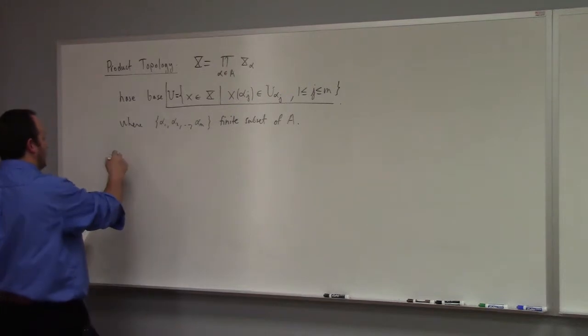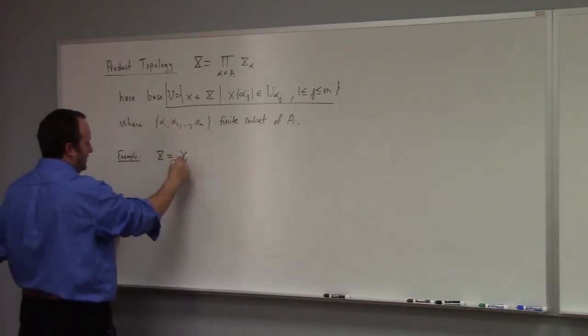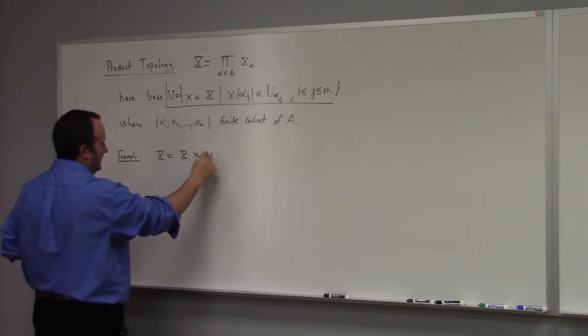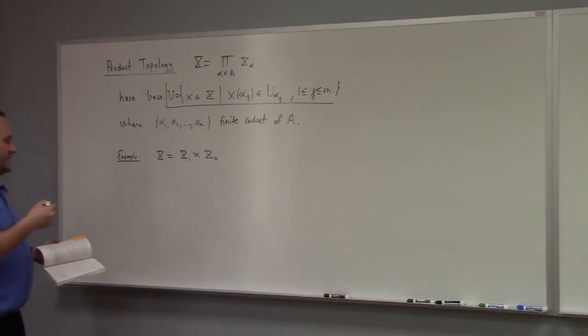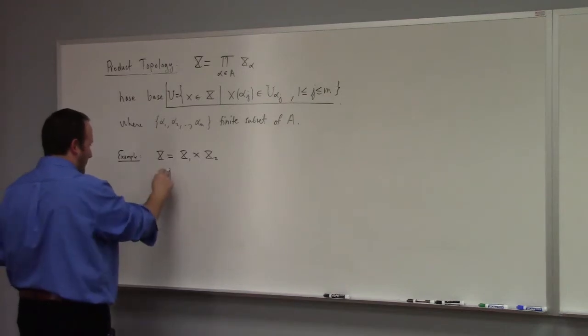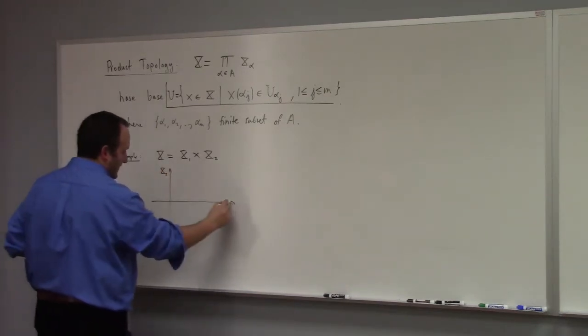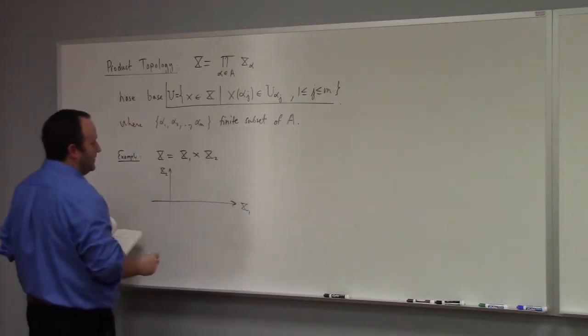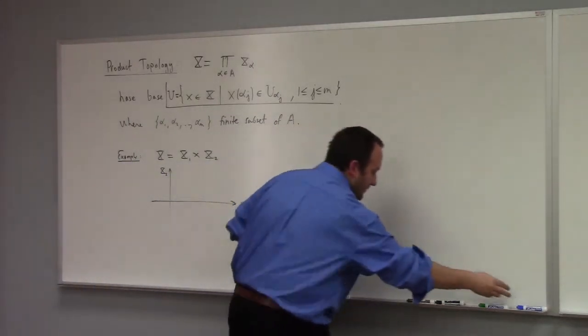Just for an example, I'll draw it schematically, if you will. If this is x2 and this is x1, then a basic open set here in the product topology is like a strip, right?